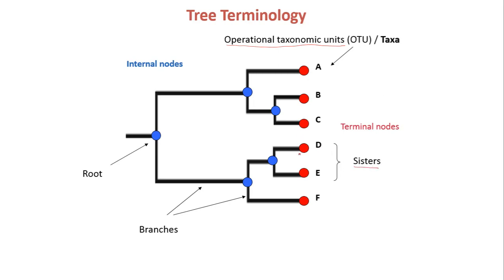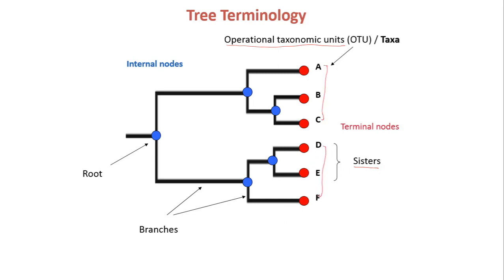So if operational units are most closely placed to each other, then we can call them sisters of each other. Okay, there is one more concept called clade. The group of operational taxonomic units are usually referred to as clades. So this particular phylogenetic tree can be imagined to be formed of two clades.